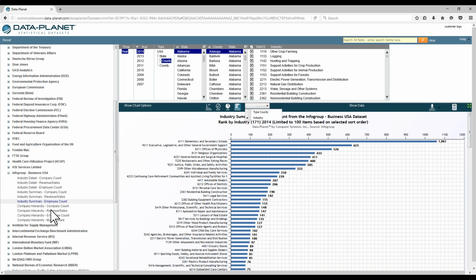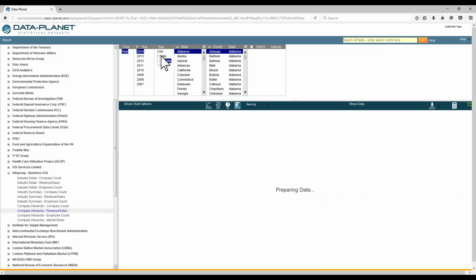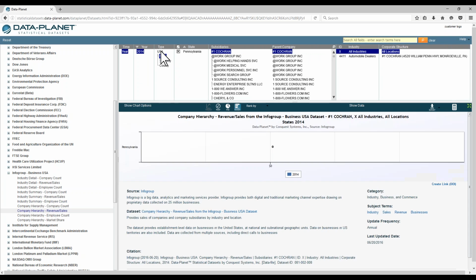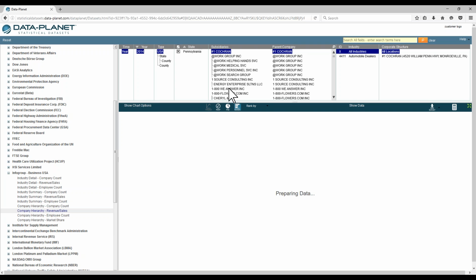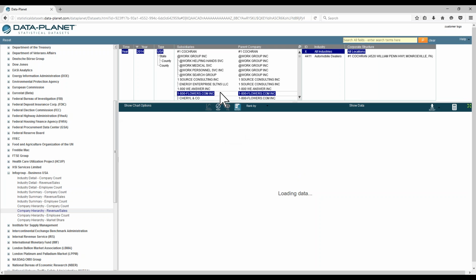The last set of data here deals with multi-leveled companies. So if I wanted to look at, let's go nationwide and look at 1-800-Flowers.